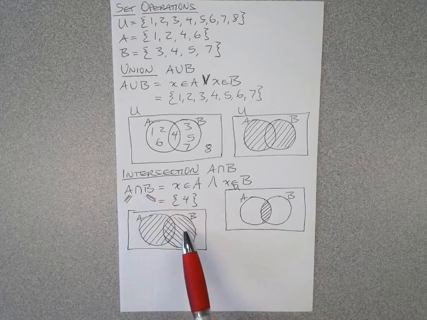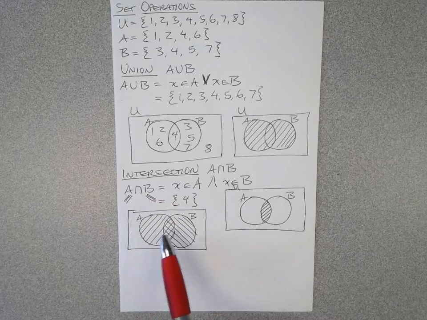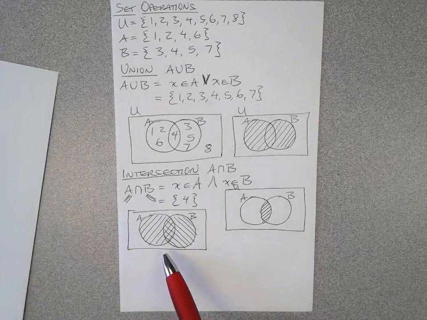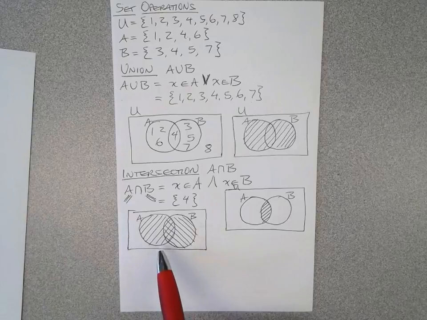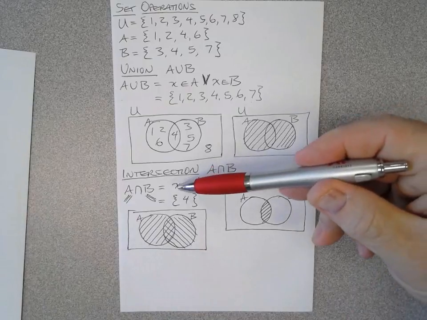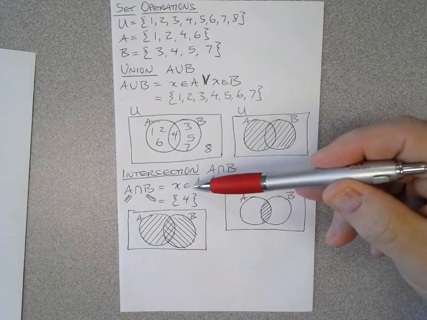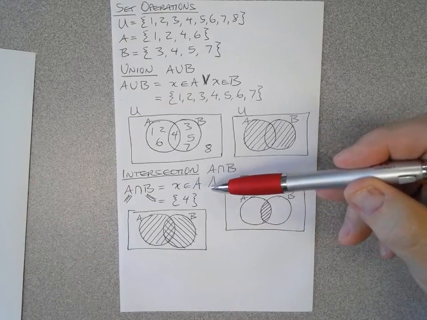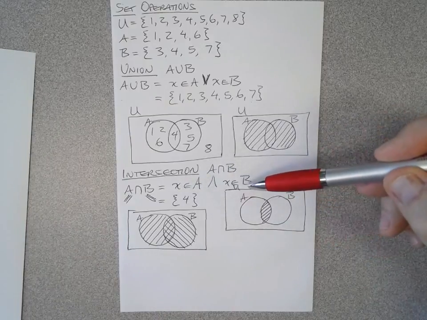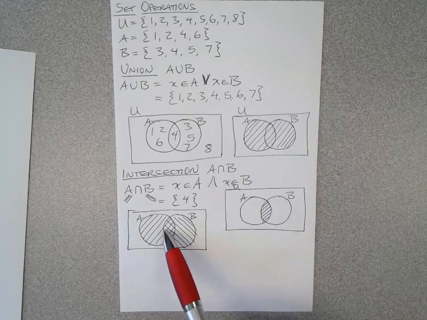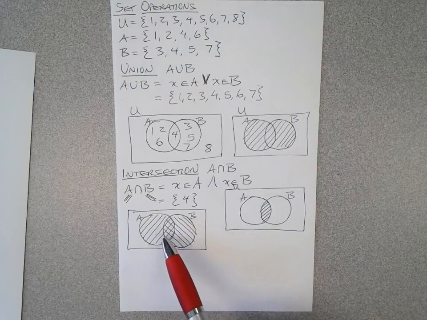The intersection is that region that has both patterns, because again the intersection is those elements that are a part of A and a part of B. So when you are shading for the intersection, look for the region that satisfies both conditions.